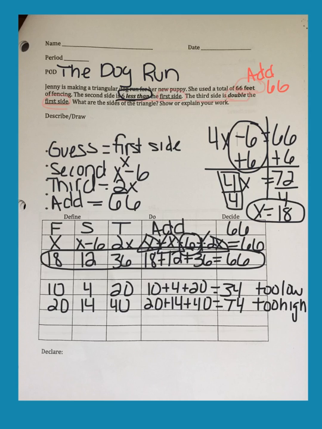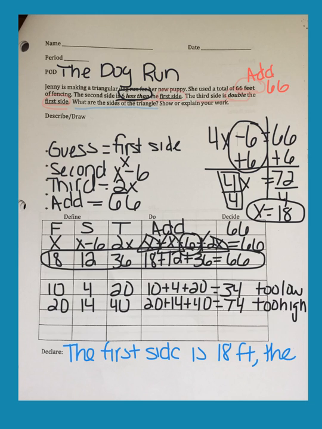Again, at the very end, we can't forget to write our declare sentence. So the sentence that they are asking us to answer is, what are the sides of the triangle? So we need to write all the sides. The first side is 18 feet.